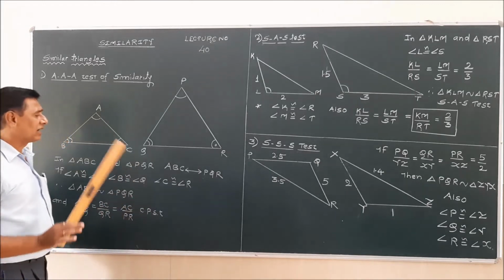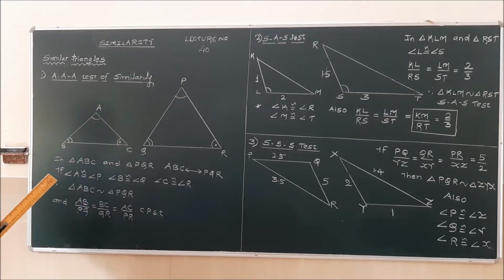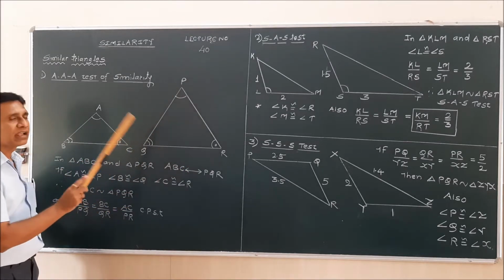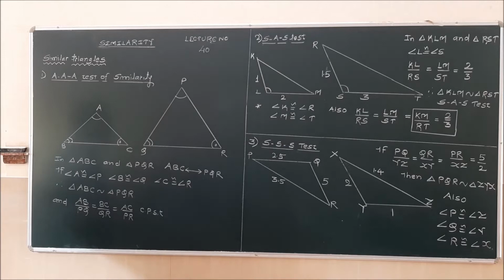Then those triangles become similar by which test? AAA test. That means three angles of triangle ABC are respectively congruent with three angles of triangle PQR.